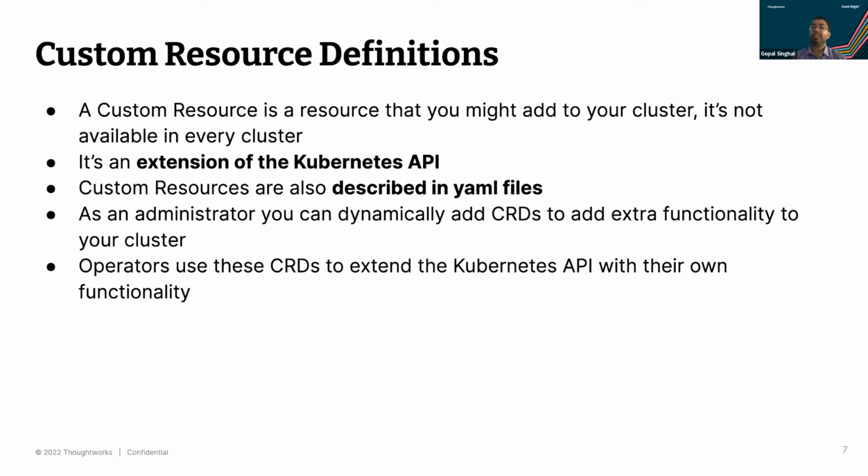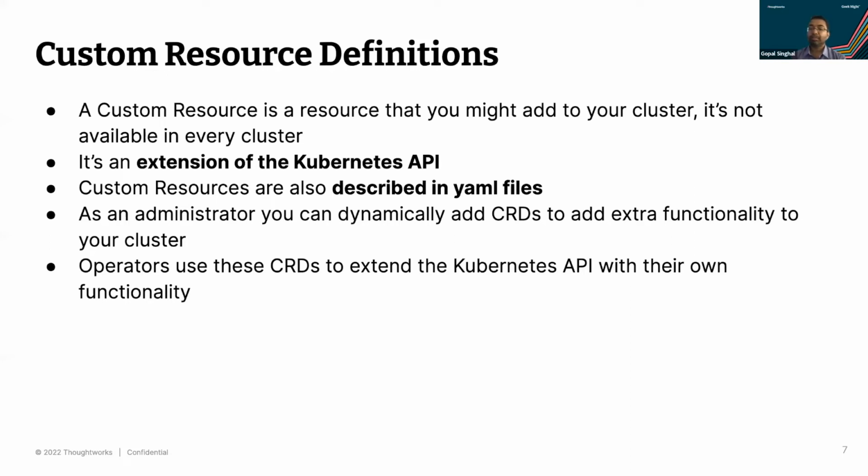I talked about the operator pattern multiple times, but the slide says custom resource definitions. The operator pattern is nothing but a combination of custom resource definitions and custom controllers. We'll first talk about custom resource definitions, then see custom controllers, and then see them working together.